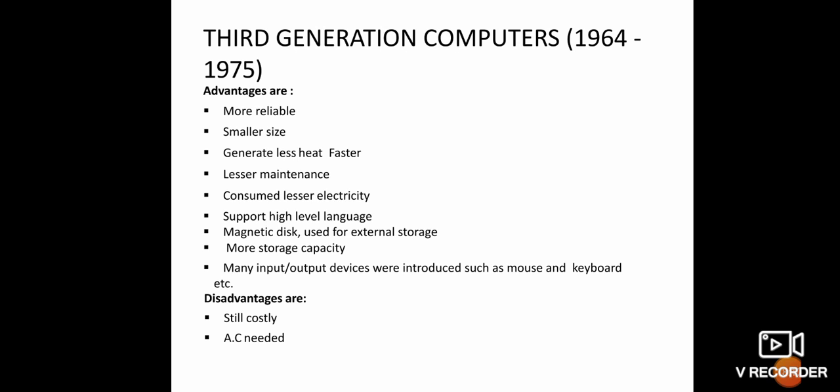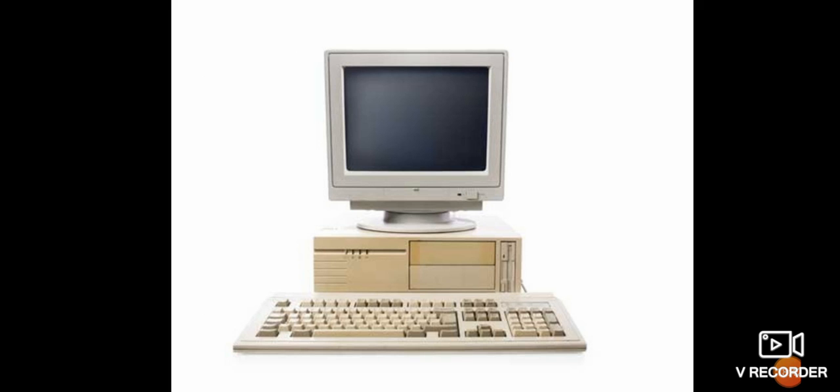It used magnetic disk for the external storage, and that's why it had more storage capacity. This is the first computer where input and output devices were introduced, such as mouse, keyboard, etc. And the disadvantages are it was still costly and an air conditioner was required. This is the picture.